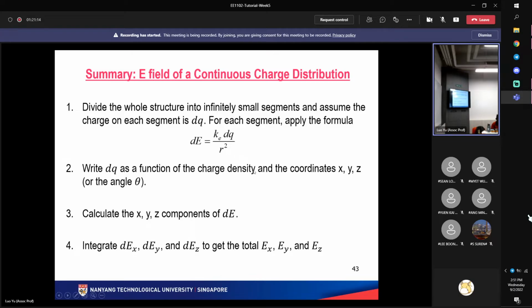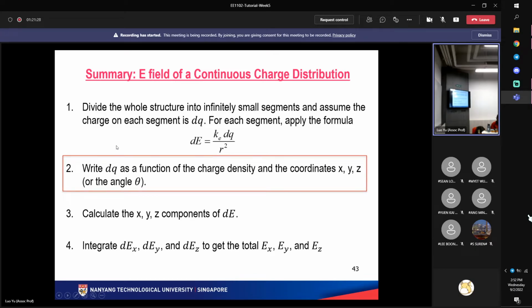You have to write dq as a function of the coordinate, so find an expression for the charge dq. Here I have another slide to show you how to do that. But this part is the most important one. This is one additional step compared with multiple point charges. For multiple point charges, once you get each E, we decompose it into X, Y, and Z components and sum them together. But for continuous charge, you first write down dE. Before you decompose it into X, Y, and Z components and do the integration, you need to find an expression for dq.